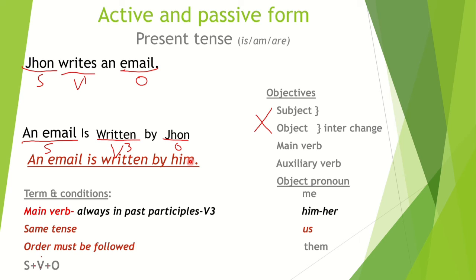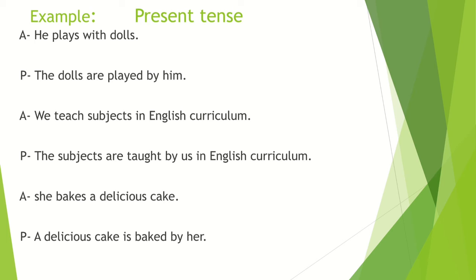So now, an email is written by him. This is just present tense. Okay, my dear, I am going to show you a few more examples of passive voice in the present tense. Just look over here. He plays with dolls.